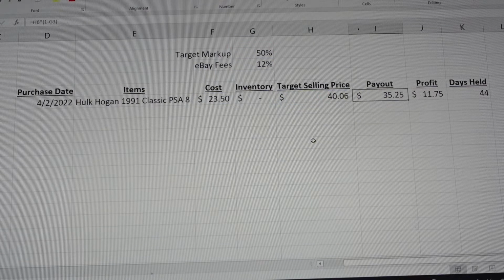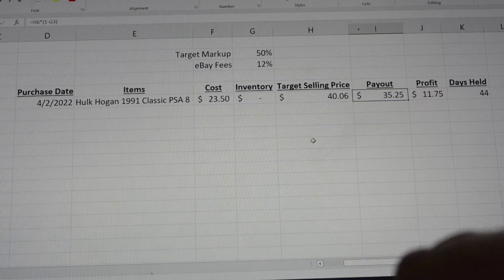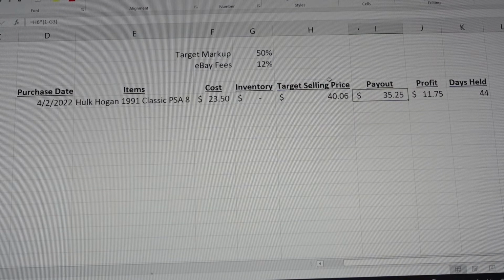Payout here, and what I'm doing for my payout, what you would enter in is you'd enter it in manually. You would look on eBay or whatever selling site and say, this is the money that's going into my account. But the way I have it set up here is I'm sort of evaluating what my payout is based on this target selling price. If I actually sold it for $40.06, my target, and then I had to pay the 12% eBay fees, I'm saying $40.06 times 1 minus 12%.